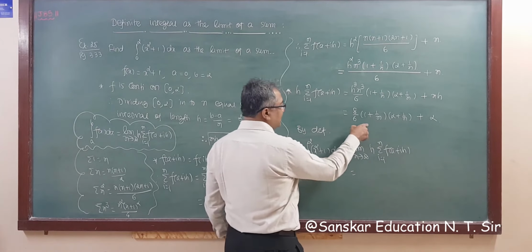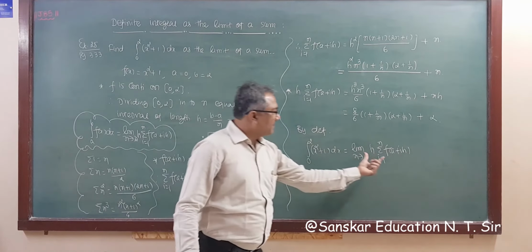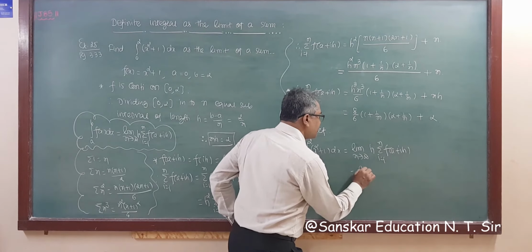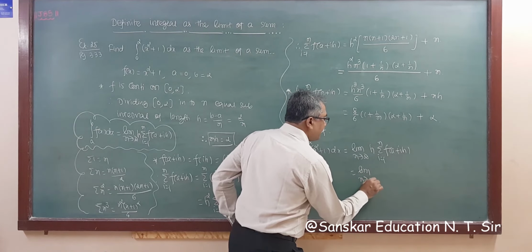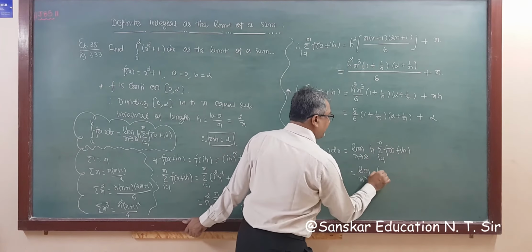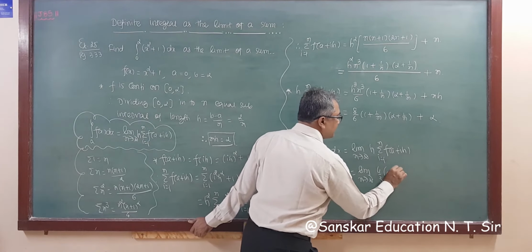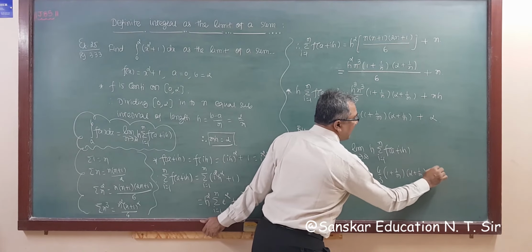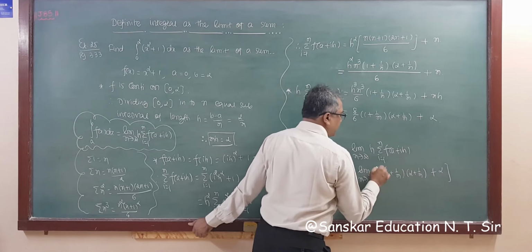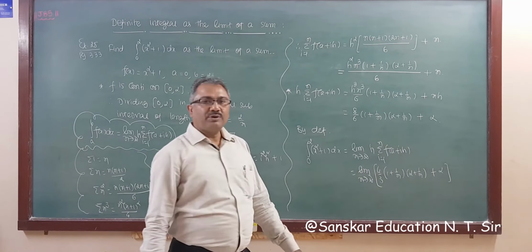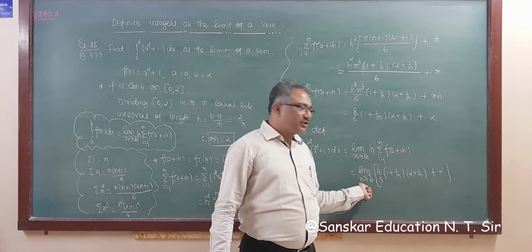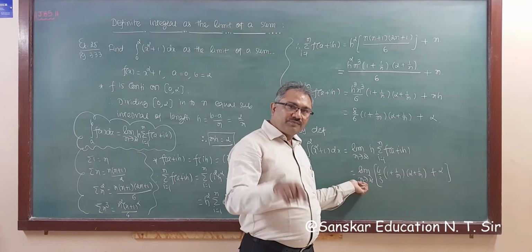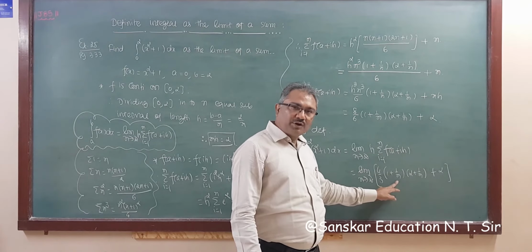So the answer is limit n tends to infinity, 4 by 3, 1 plus 1 upon n, 2 plus 1 upon n plus 2. As n tends to infinity, h equal to 1 upon n tends to 0, so 1 upon n is 0.